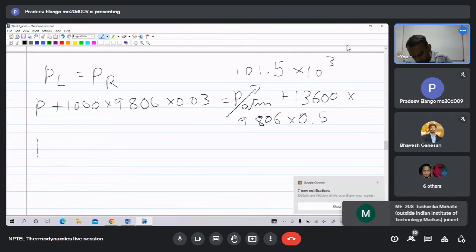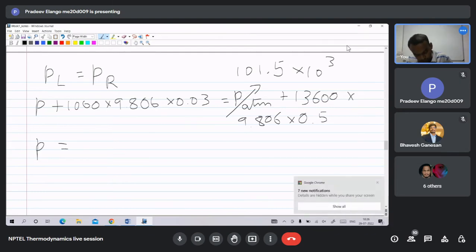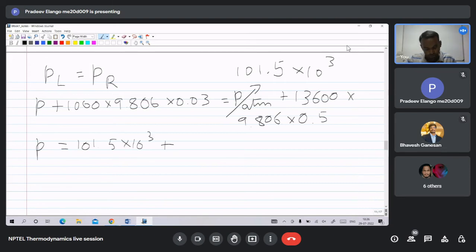Now we can calculate the pressure. P is equal to, putting in all the terms on the right hand side, 101.5 into 10 power 3 plus the pressure due to the mercury column, 13,600 into 9.806 into 0.5, which is 66.7 into 10 power 3, and then we need to subtract the water column because it was on the left limb.